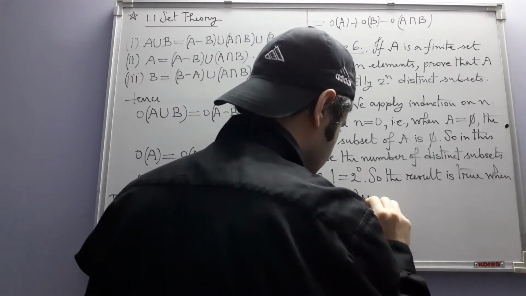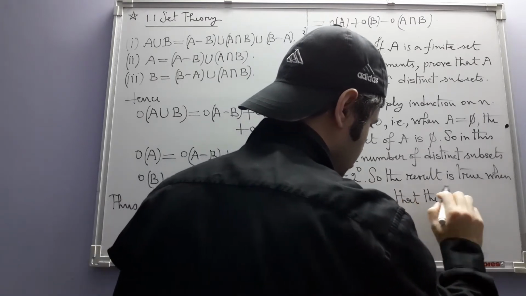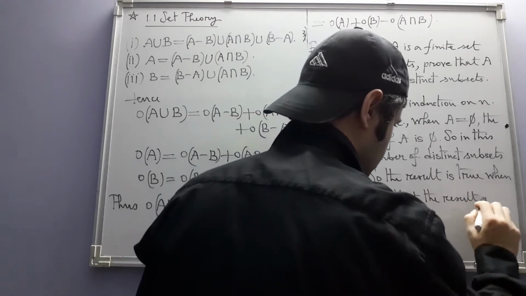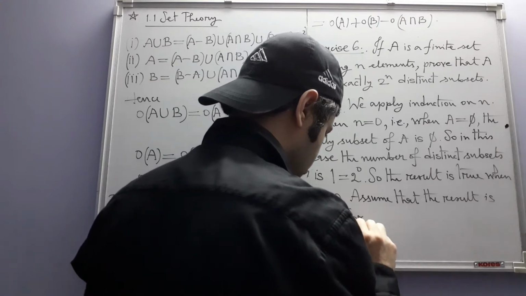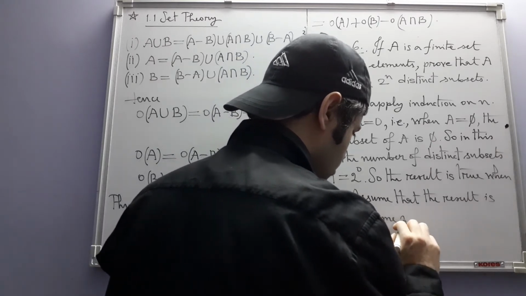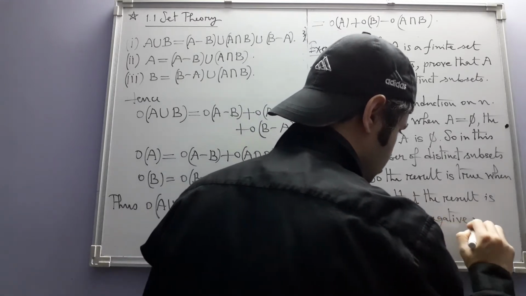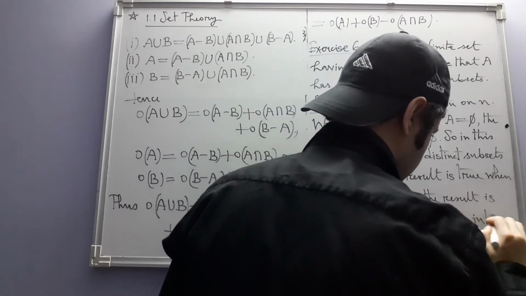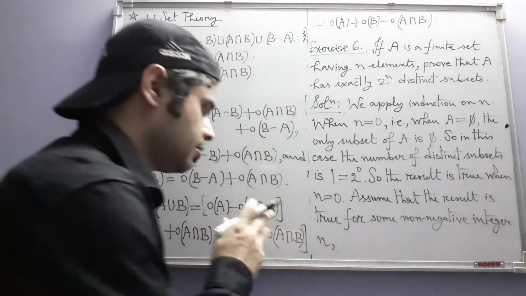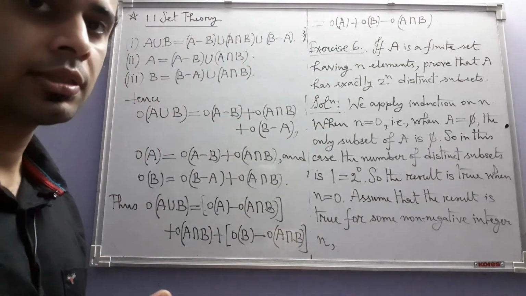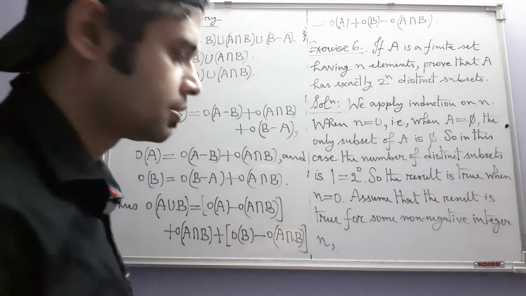Assume that the result is true for some non-negative integer n, and that just means that if a set has n elements, then it has 2 to the power n distinct subsets.